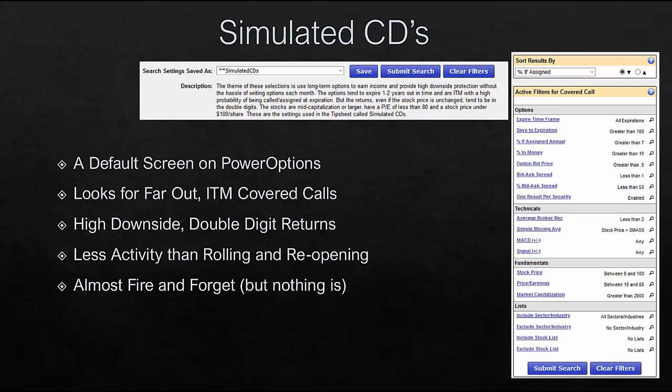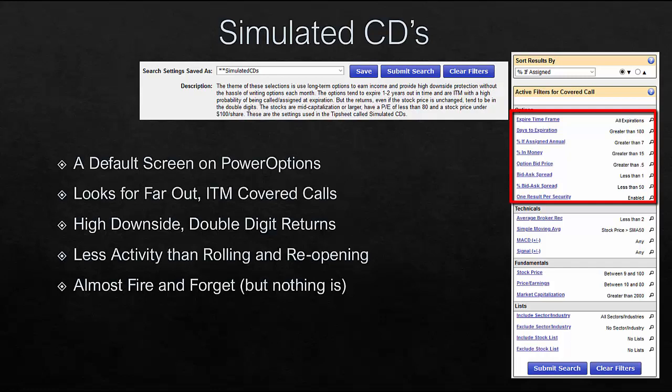The default criteria that we're typically looking at are covered call positions that are greater than 180 days out in time, looking for a max return if assigned, annualized, of at least 7% or more. We're looking for a range in the money of 15% or more to give us that high downside protection.